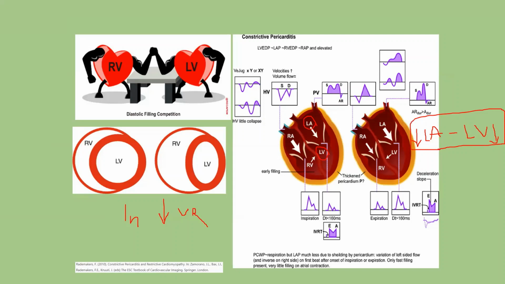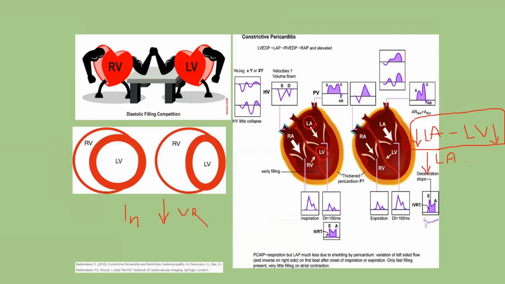But now in constriction, what do we have? We have LA pressure decreases, but what about the LV pressure? The LV pressure is no longer isolated from the thoracic cavity pressure changes. So it no longer relaxes better in inspiration.